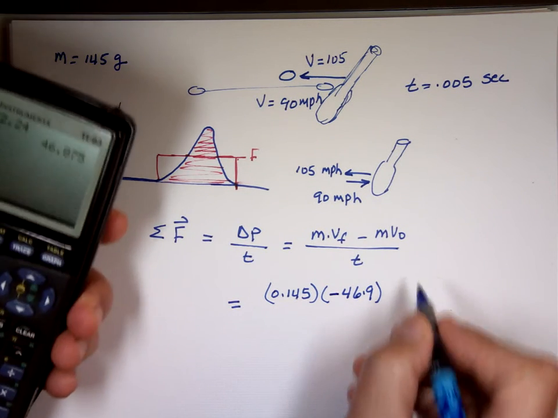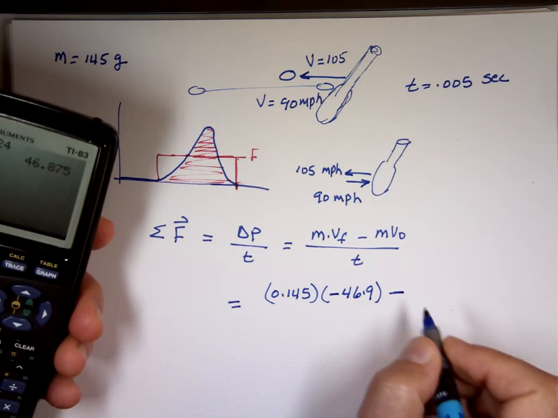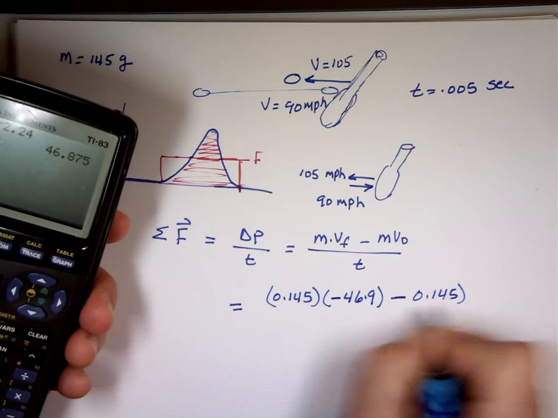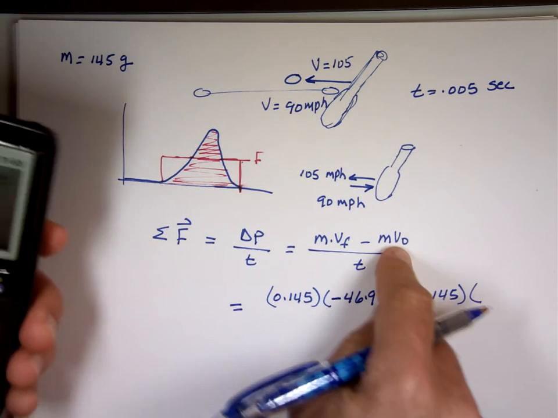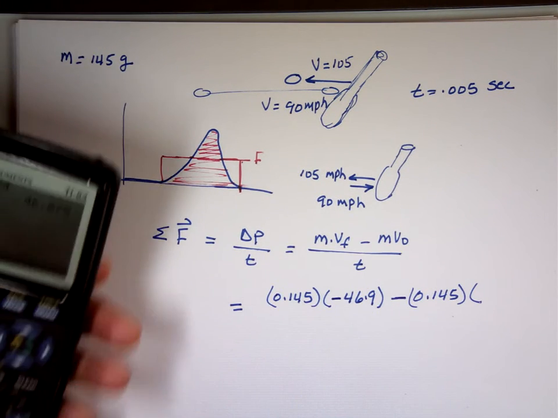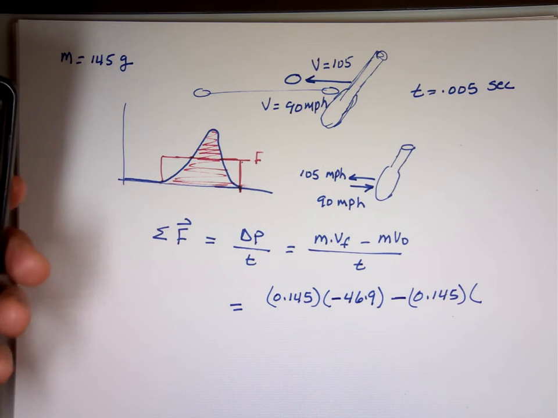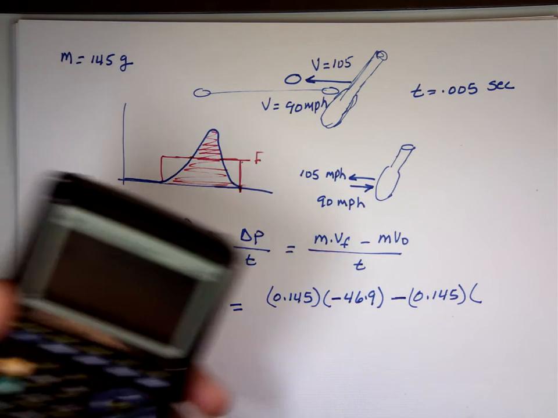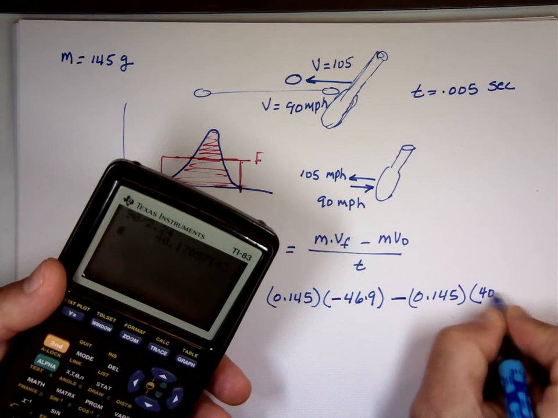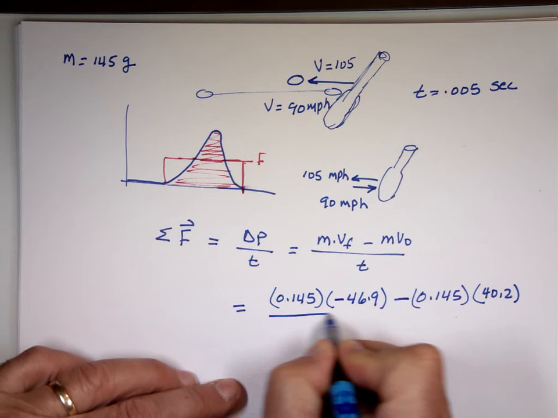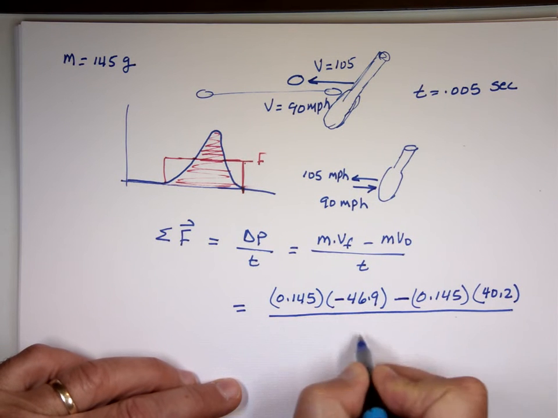Minus the mass, which is 0.145, times the initial velocity, which is to the right, that's positive, right? What is 90 divided by 2.24? 40.2. All of that divided by the time it took, which is 0.005 second.